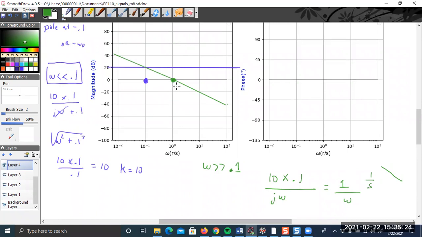Now there's a little bend there because of my drawing. So these are two asymptotes. This is when omega is much, much bigger than 0.1. This is when omega is a lot smaller than that. And then the way we take the final plot is we just take those parts. So that's when it's smaller, that's when it's bigger. And that would be the magnitude. All right.